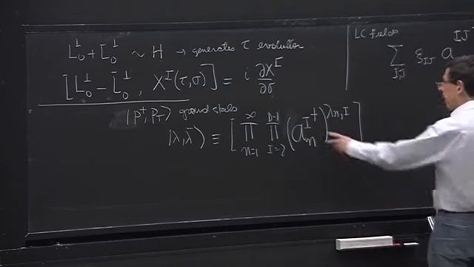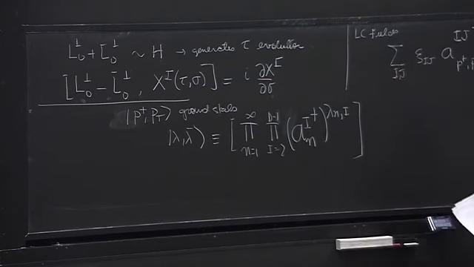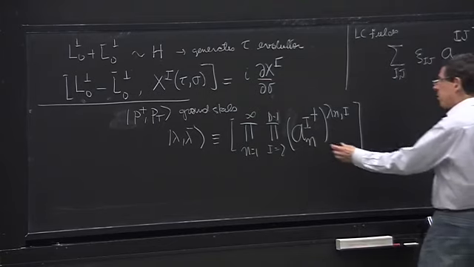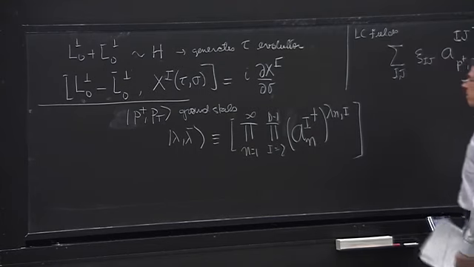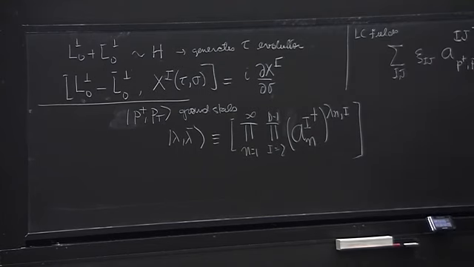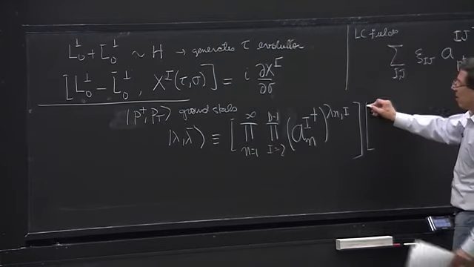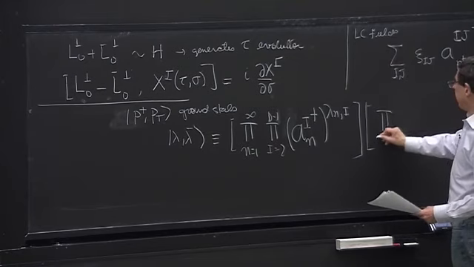These are creation and annihilation operators normalized to 1. Nevertheless, they contribute to the number operator n, not 1. Then for the bars, you have a totally analogous sum.